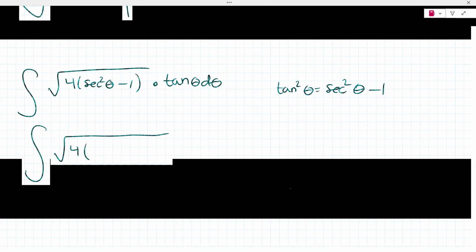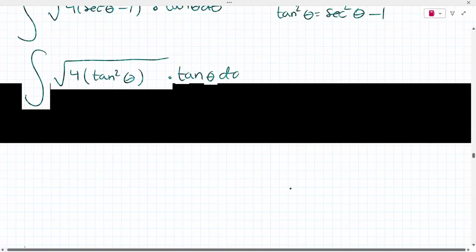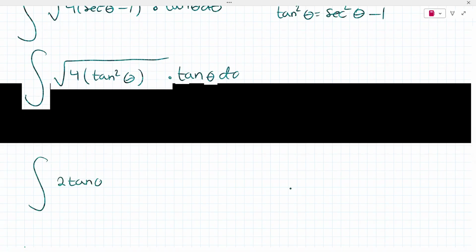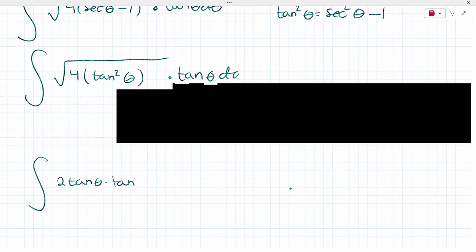So secant squared theta minus 1 is tan squared theta, and then times tan theta d theta. Okay, and when you take the square root of 4 and tan squared theta, you get the integral of 2 tan theta times tan theta d theta. And 2 is a constant, so you can take that out.